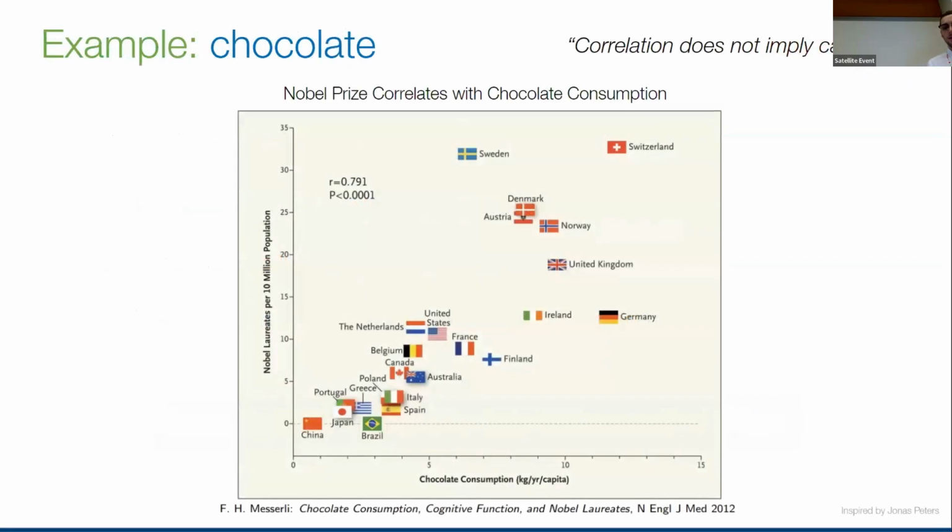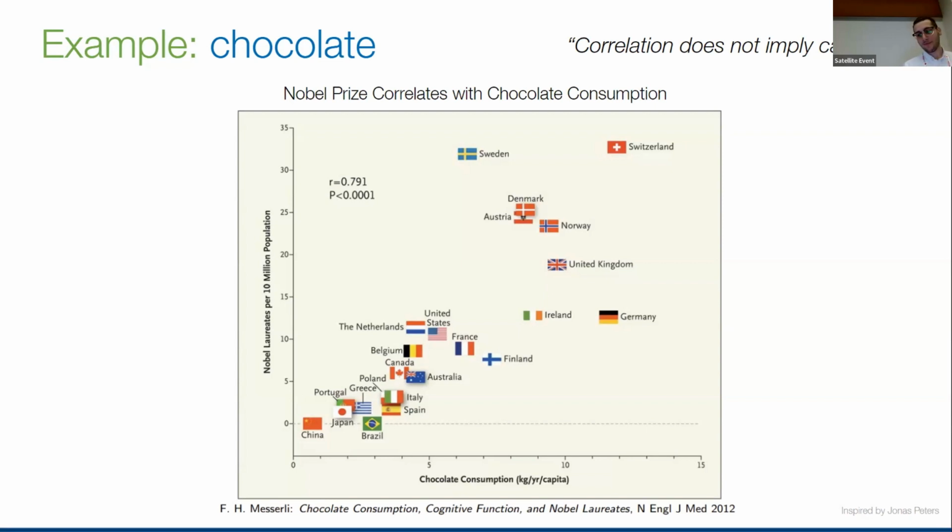Now I have this nice graph here from a study in the New England Journal of Medicine from 2012. It shows a very strong positive correlation between winning the Nobel Prize and chocolate consumption, grouped by different countries. So we can see on the top right, Switzerland seems to win a lot of Nobel Prizes and they eat loads of chocolate.